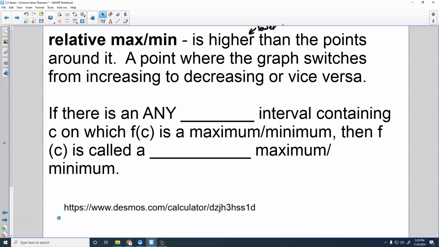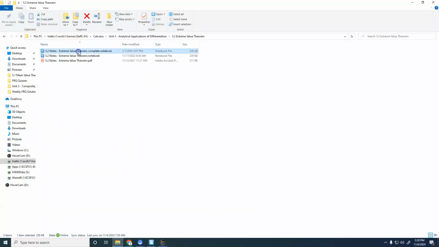May have forgotten what goes in that blank. If there is any containing C, then f of C is called a... oh gracious, I'm going to pull up my old notes.